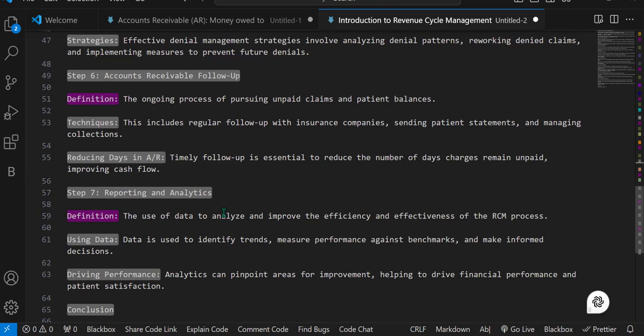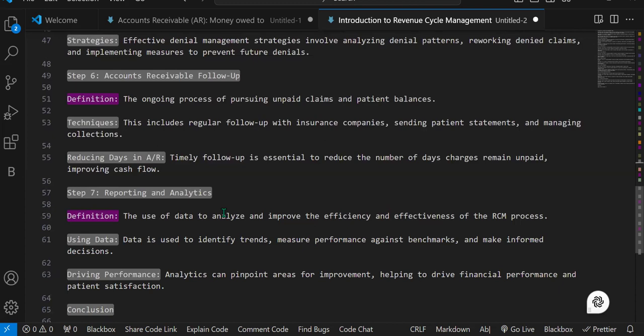To analyze and improve the efficiency and effectiveness of the RCM process, you will have patient data. Based on that data, we have to check whether it is correct or not. Only based on that checking will the RCM cycle be smooth. Otherwise, you will get errors and you will not get payment from the insurance companies.